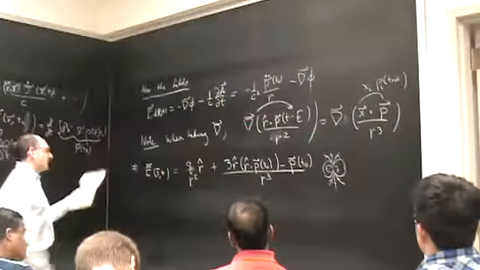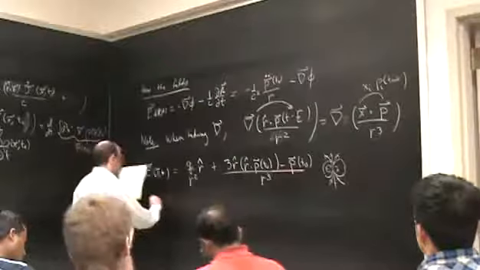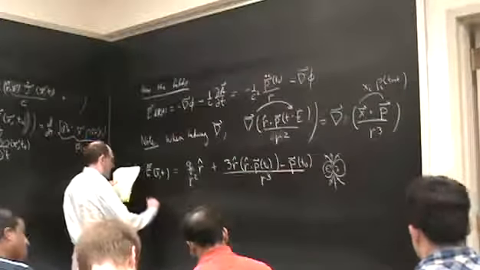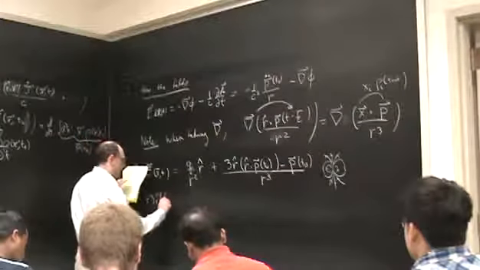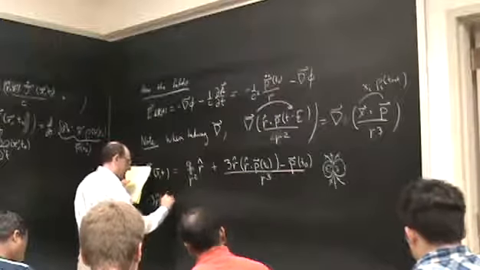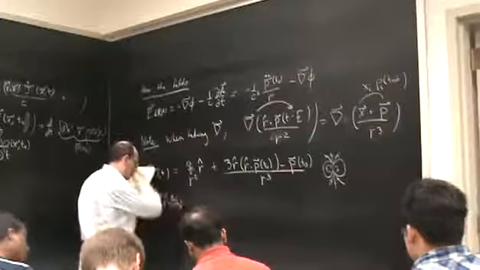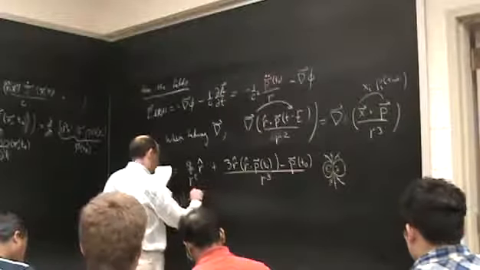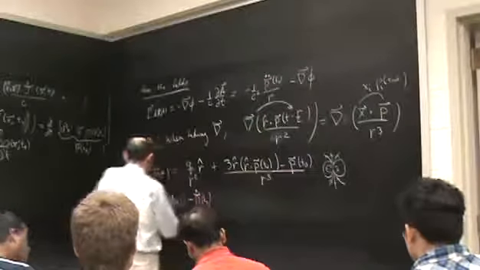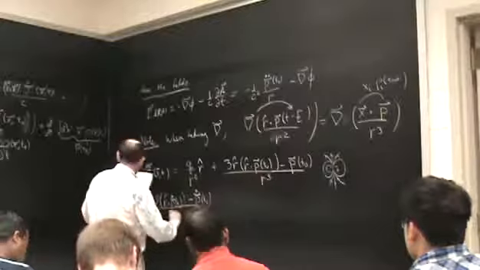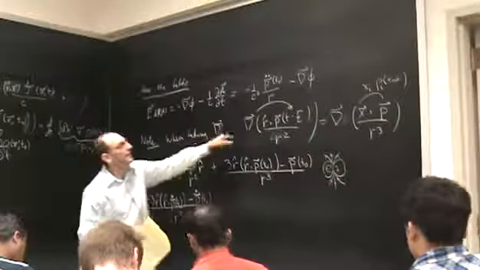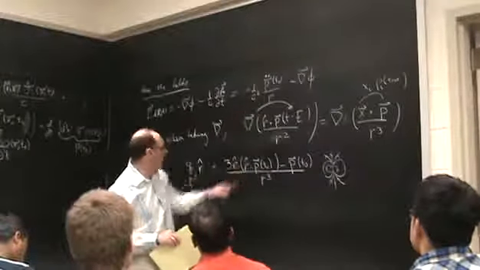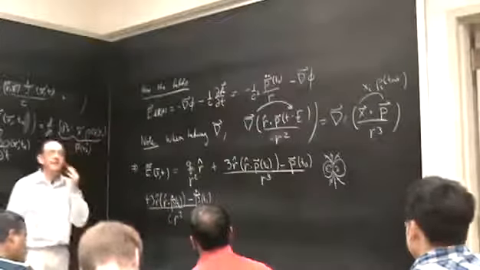Then we got other stuff. Plus 3 r hat dotted into p dot at the retarded time from the origin minus the first derivative, over c r squared. That came from this kind of thing. Taking the derivative, the chain rule will give us that first derivative.